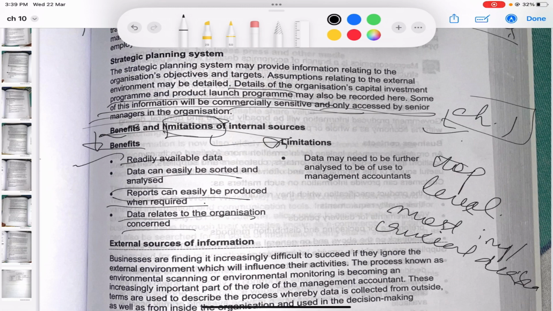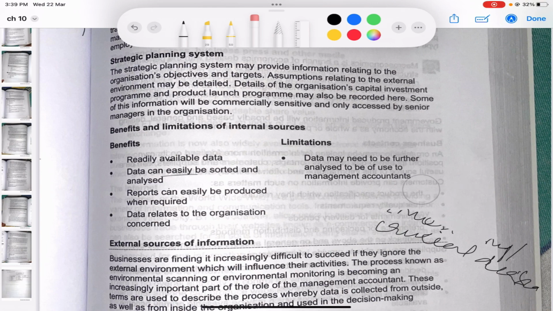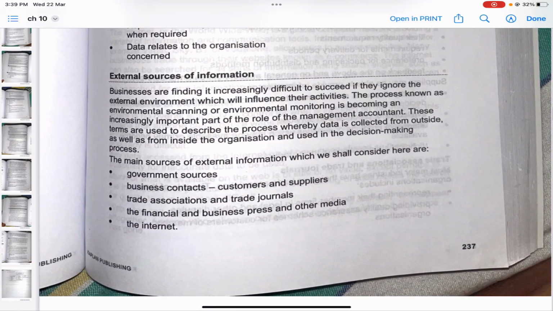Now, what are the limitations of the internal sources? Data may need to be further analyzed. So sometimes management accountants, if they want to take a more detailed decision for something, in such situations they need to analyze the financial data in a deeper way. So that is what they are trying to discuss.